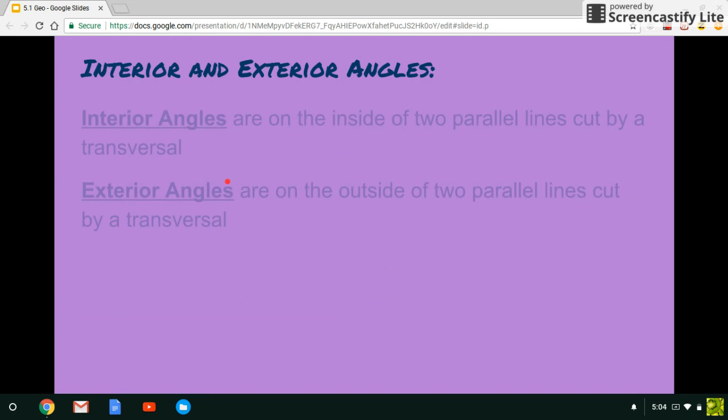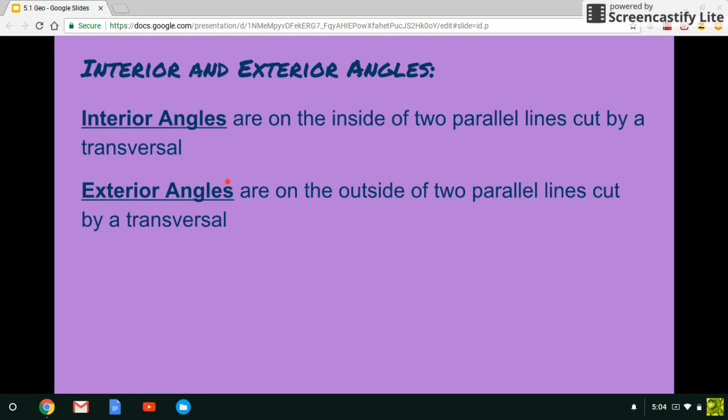Okay, so now let's kind of classify some of those angles that we got when a transversal cuts parallel lines. So we have interior angles and we have exterior angles. Interior are on the inside of the parallel lines that are cut by a transversal. Exterior are on the outside of the parallel lines that are cut by a transversal.